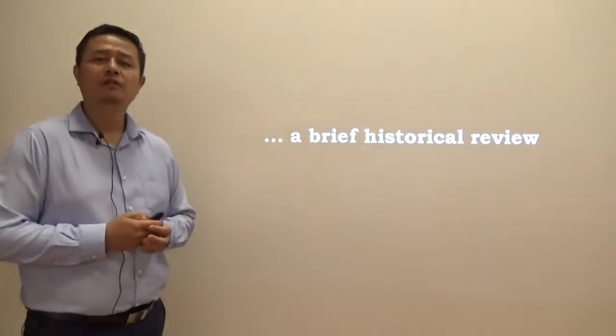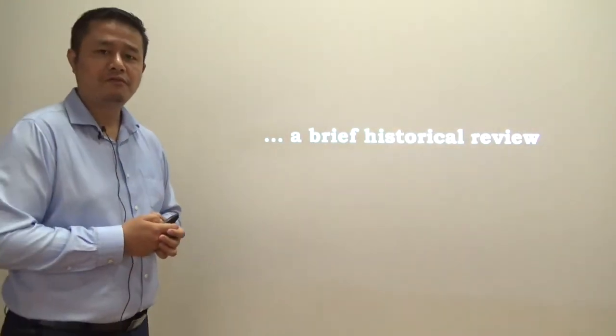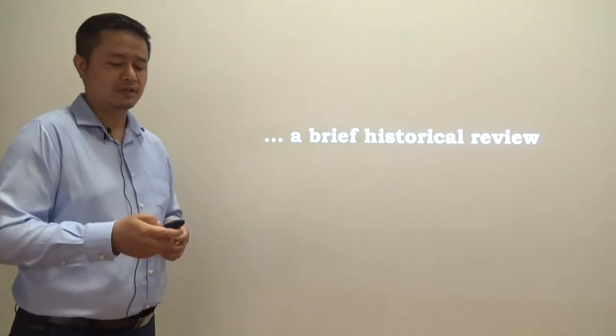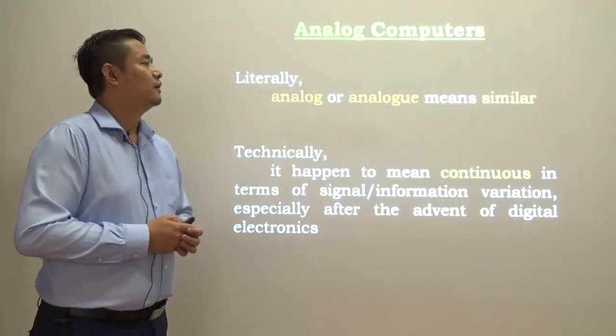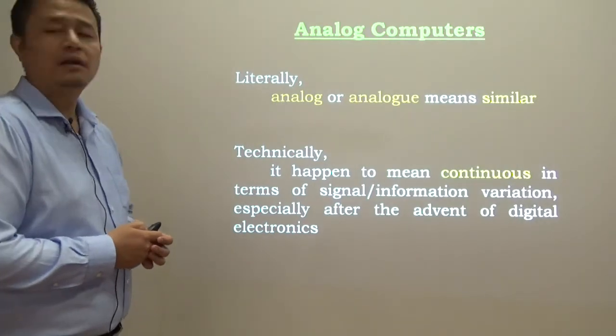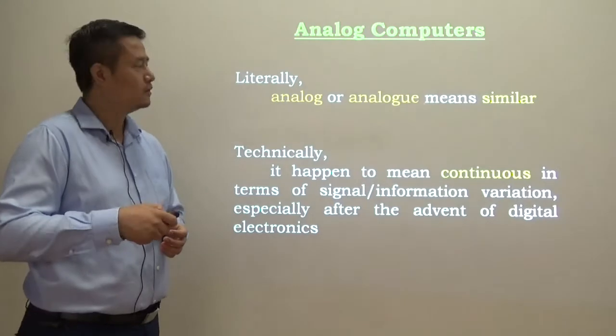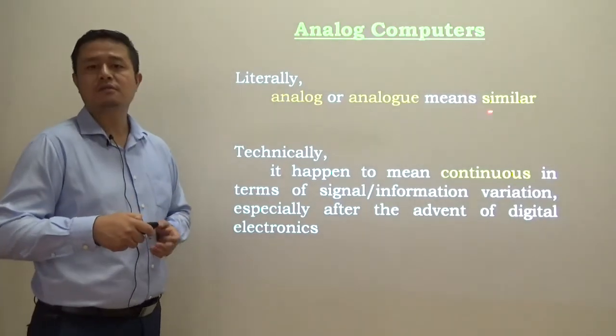First of all, we will start with a brief historical review of computations or computers in general. First of all, we hear the word analog computers. By analog, literally, it means similar.